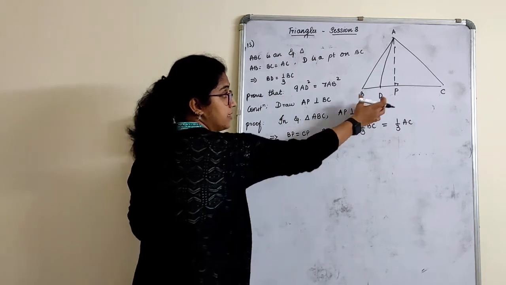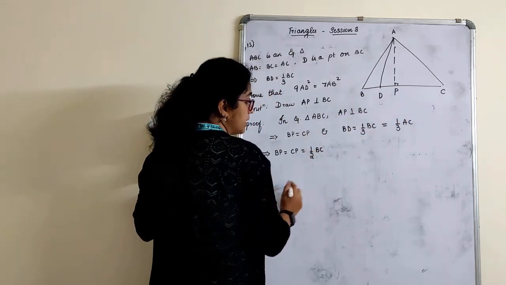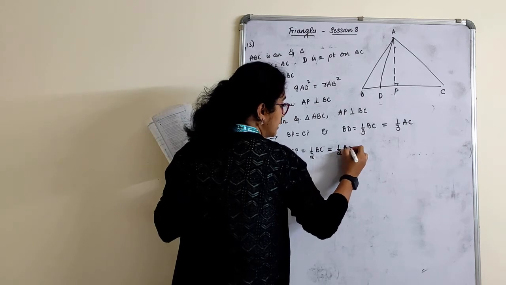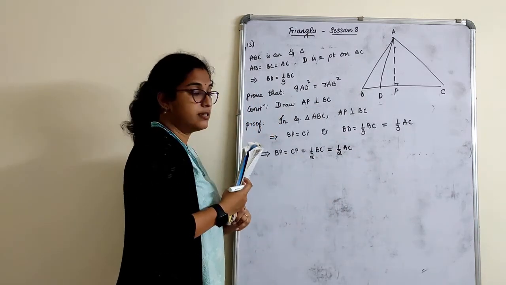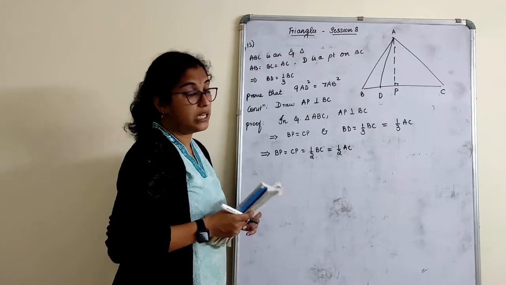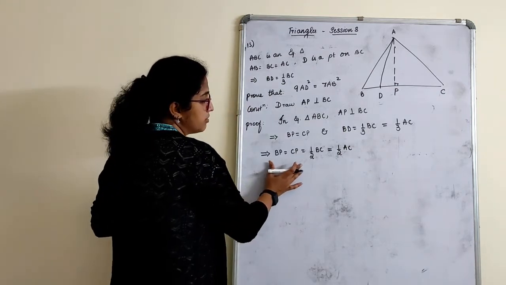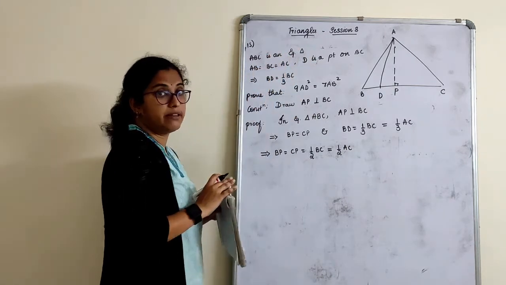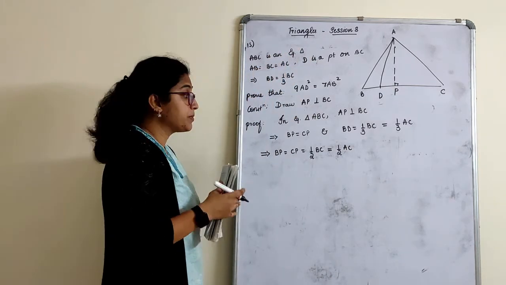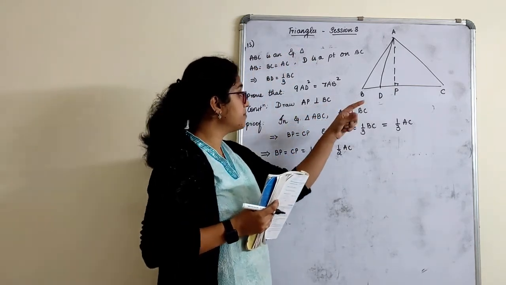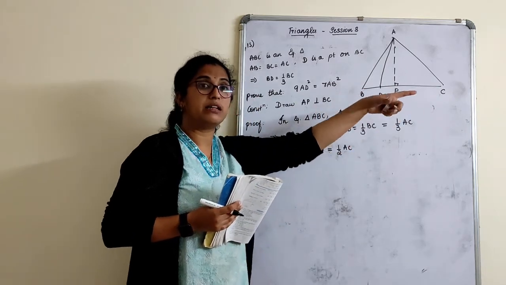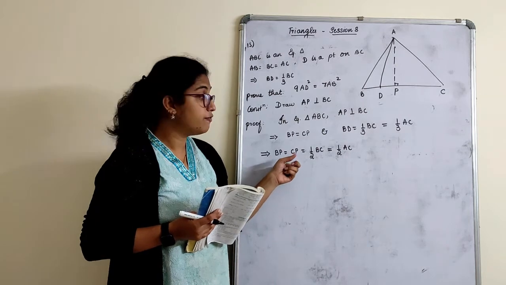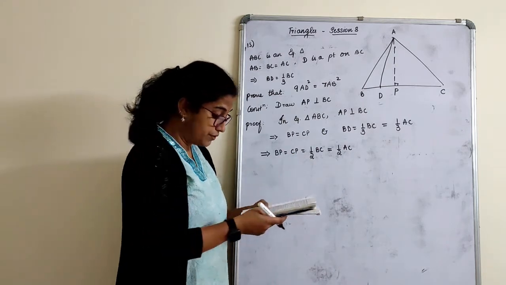Can I say BP is equal to PC, nothing but half of BC equal to half of AC? Can I use this? All the sides are equal in the equilateral triangle. So these are a few relations we have arrived at from the given part, same like the previous sum. See, whenever you get such a sum, BD is equal to 1/3 of another side, try to arrive at several relations like this. It will be helpful for solving the further part of the sum.